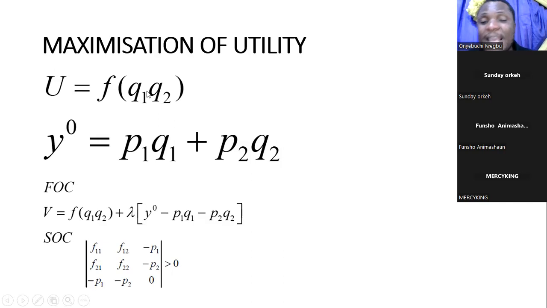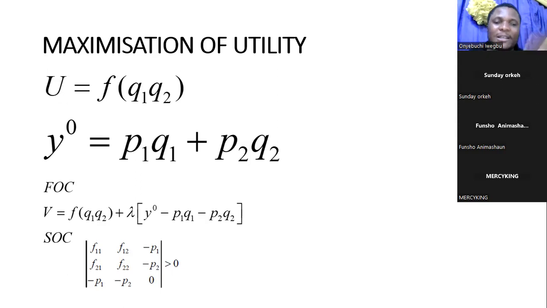satisfaction, utility. And utility is defined by U is a function of Q1, Q2. I've shown you before. But this consumer has resource constraints. That resource constraint is the consumer's income. Let the income be Y0. This income, it can use to spend on either goods 1 or goods 2.